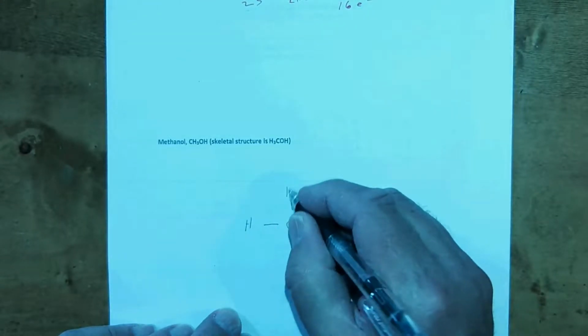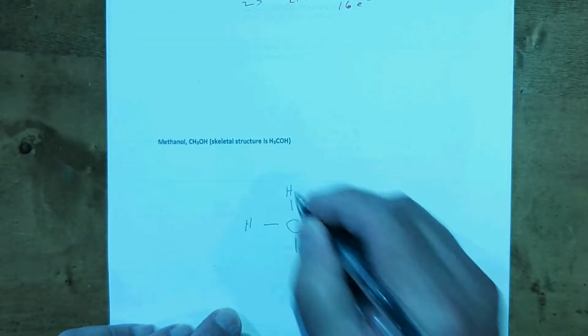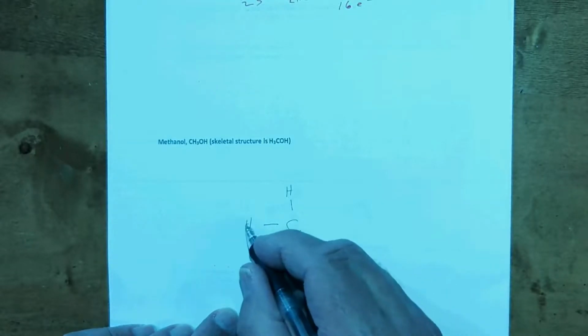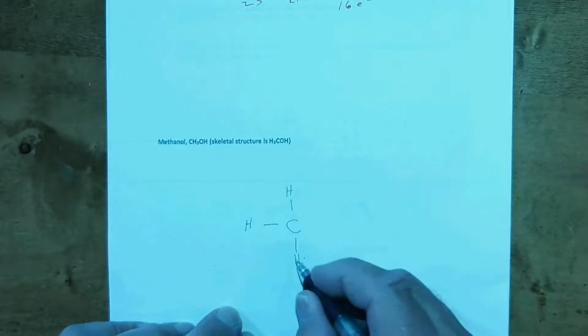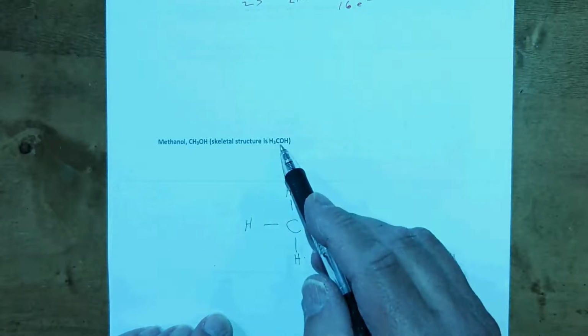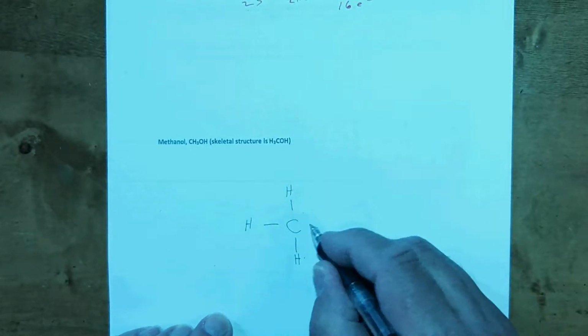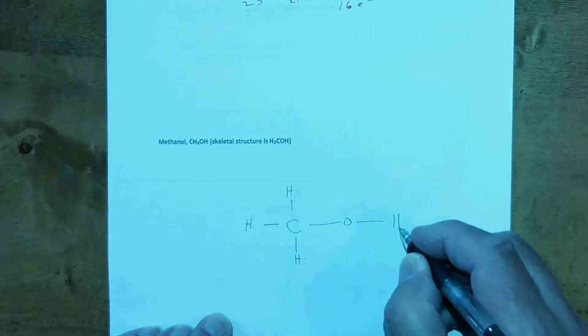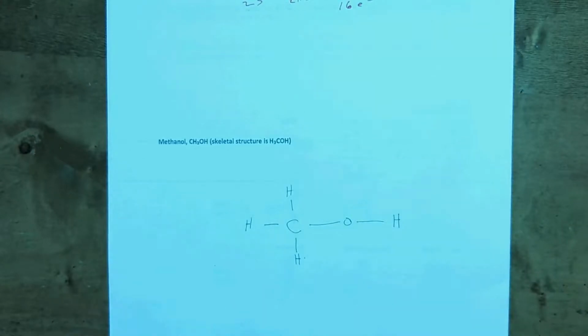Remember, the hydrogens have to be terminal atoms. They kind of end up at the end of a structure. They're on the outer periphery of any structure. So that's our H3C. The carbon is then bonded to an oxygen, which is then bonded to a final hydrogen atom. That's your skeleton structure.